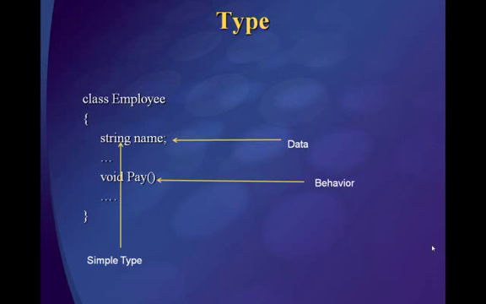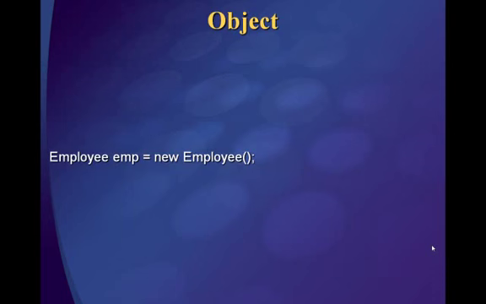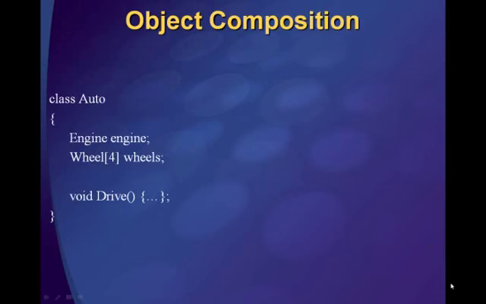The string name is an example of a simple type. The class employee is an example of a complex type. An object, then, is usually an instance of a complex type. For example, the particular employee type instance that was created here. So here we have a new employee object.